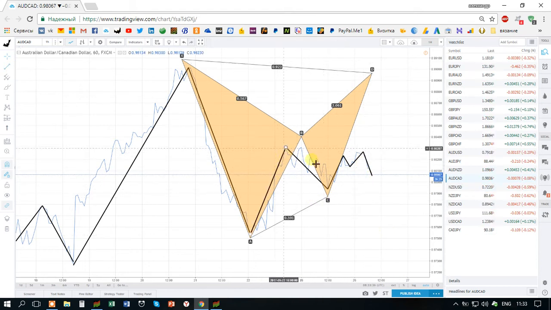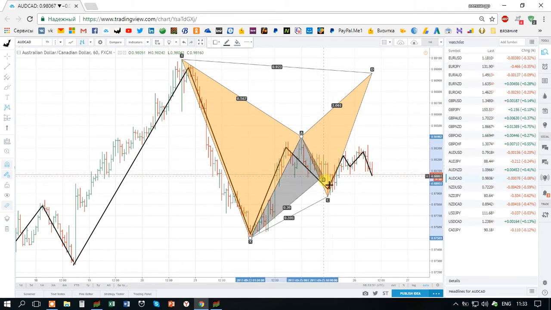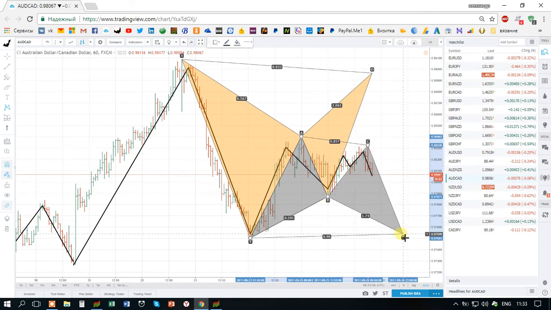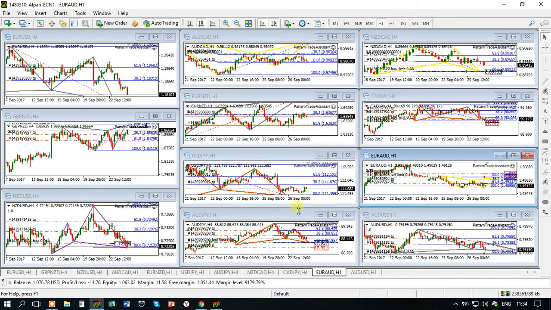Okay, it seems to me that we'll most likely move to the downside, and this Aussie Canadian may be a pretty good butterfly advanced formation as well. So if we have it this way, X to A to B, B to C, and C to D if it goes lower. Let me go to Aussie Canadian and place the trade. Aussie Canadian, here it is.